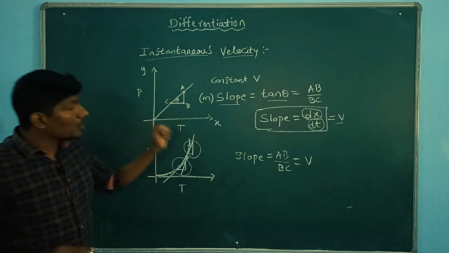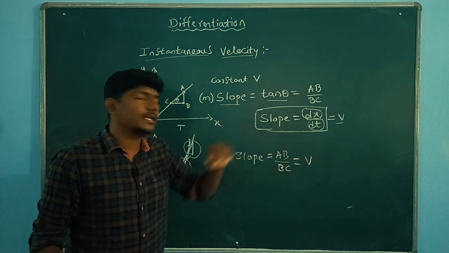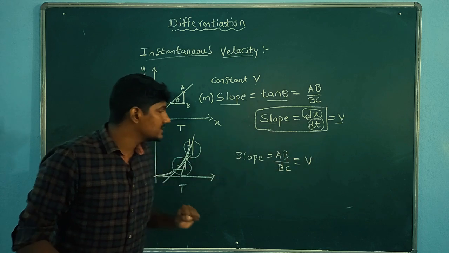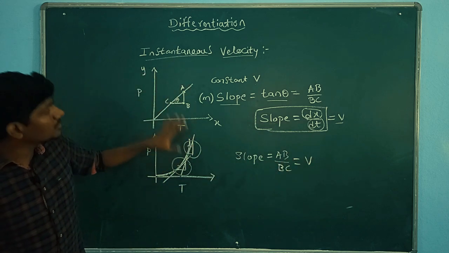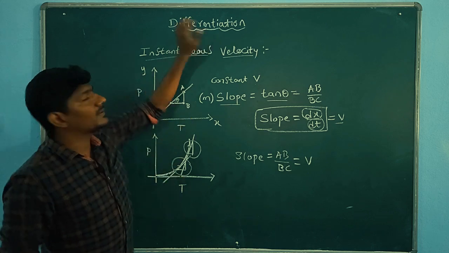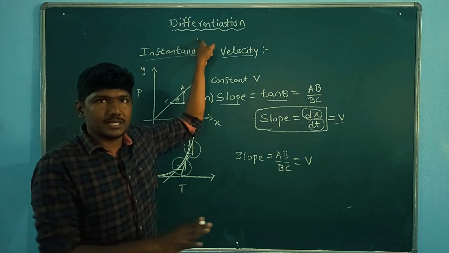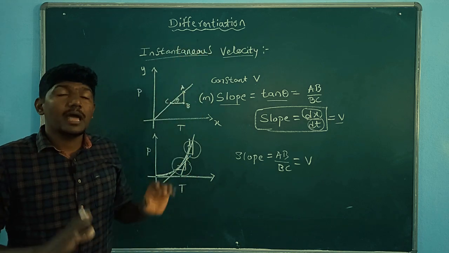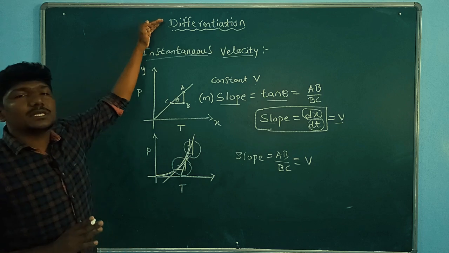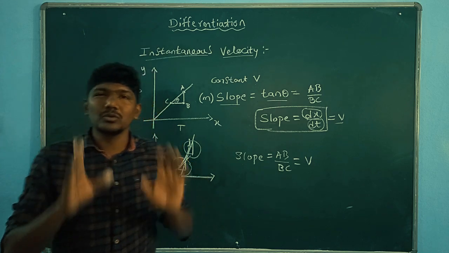Now if there is no graph, how to find instantaneous velocity without using graph or slope? For that we need differentiation, and there is an introduction to differentiation in the first year that we will see now. To do differentiation you need to know some formulae and some rules.